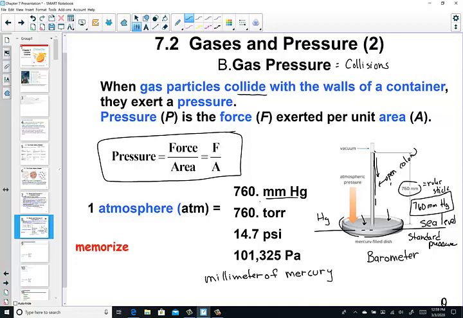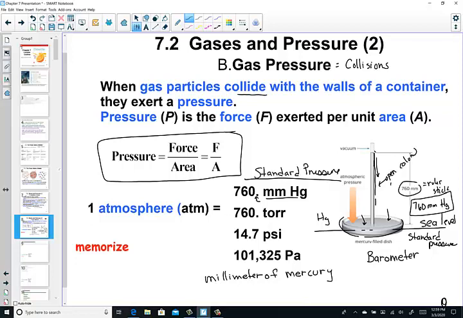And notice that at standard temperature, standard pressure, we have an equivalent value of 760 with a decimal point, meaning that 0 is indeed significant. Standard pressure is 760 mmHg. When you hear that term standard, it means you're at sea level, and measuring it with standard conditions.